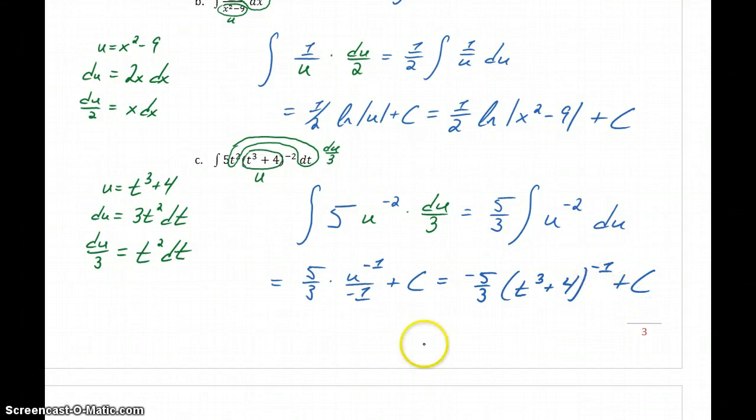Or if we wanted to rewrite this with a positive exponent, this would be negative 5 over 3 times t cubed plus 4, plus some constant c. So again, either of these two answers would be completely acceptable to me. The only difference might be if MLP, the homework system, wants that rewritten with a positive exponent.